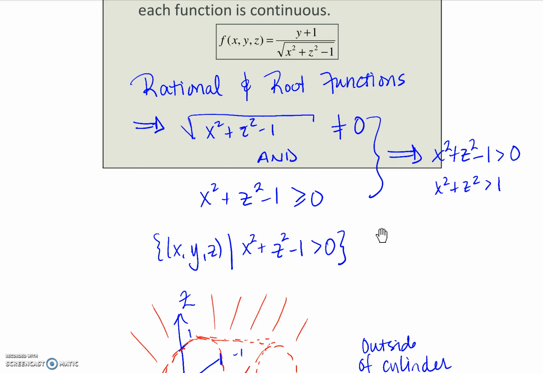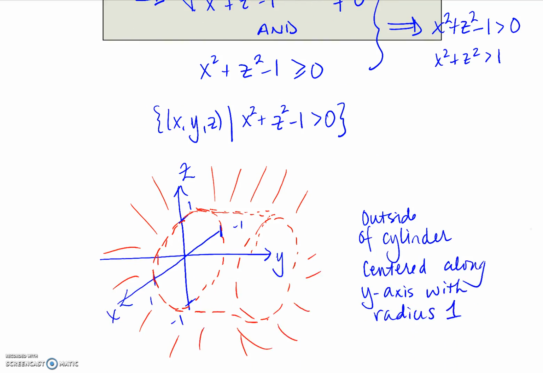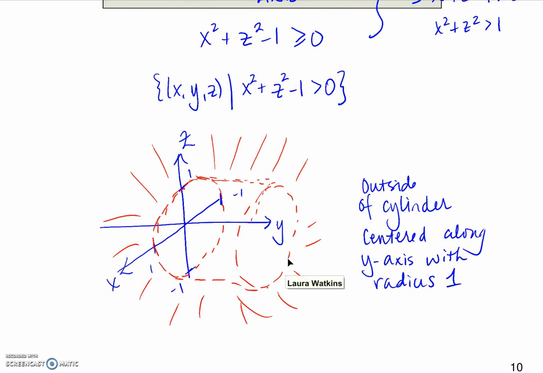Now, I have to graph this. Notice that in this particular function, I have three independent variables, x, y, and z. So the domain is in R3. So when I go to graph this region for which it's continuous, it's going to be in R3. So what I did is I started by graphing x squared plus z squared equals 1.